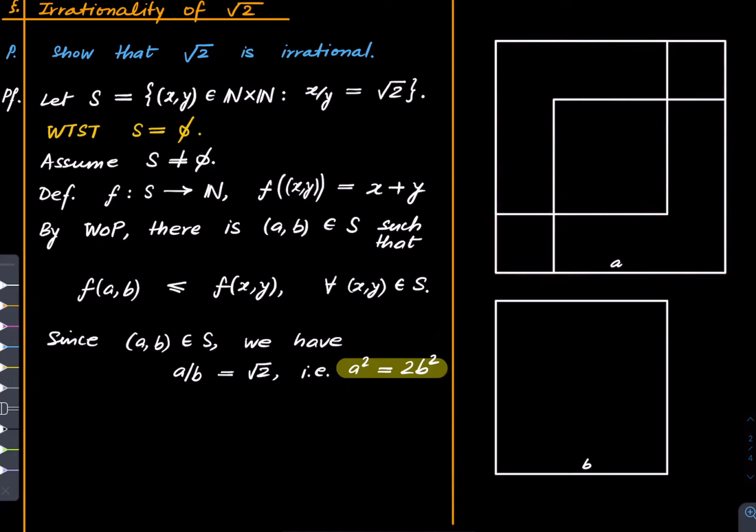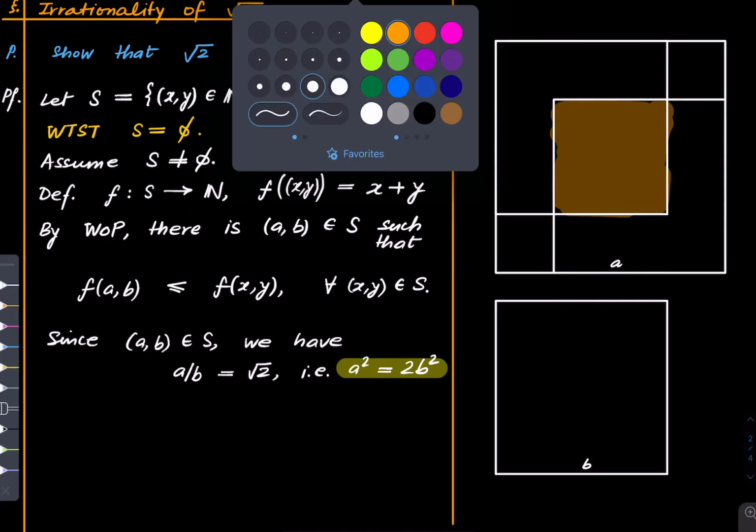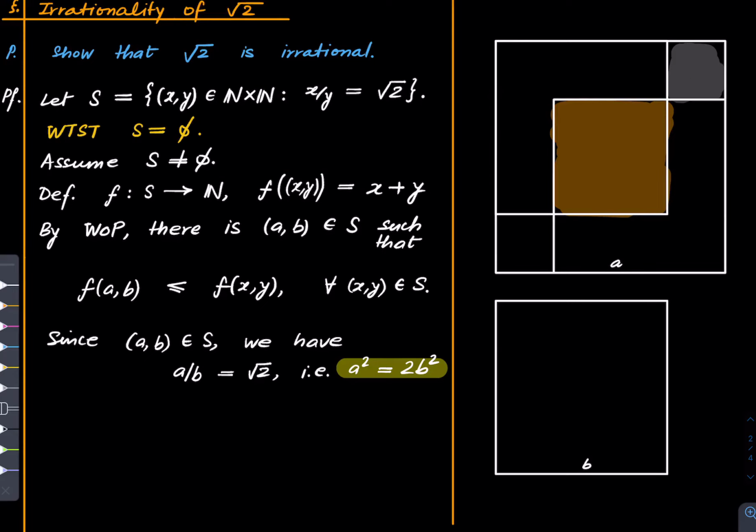Okay, and if you think about it, I'm going to shade a few things. So there is this orange area. This orange area must be equal to the total gray area. Okay, so pardon my shading, something has fallen out, that's okay. So if you just think about it, this means that the orange area should be the same as the total gray area.